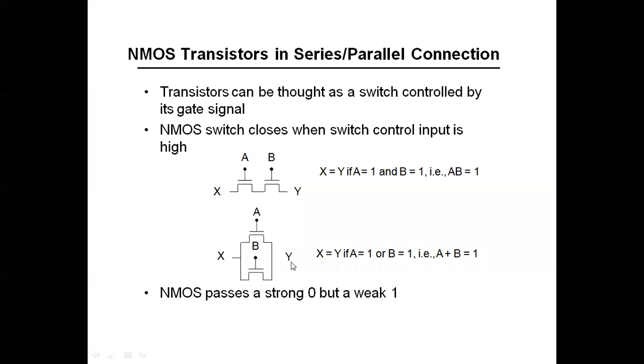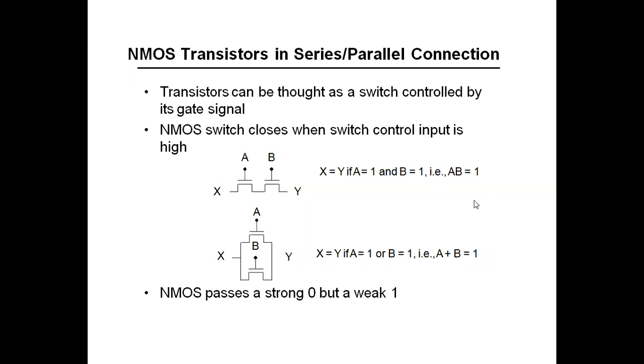Parallel fashion of NMOS is nothing but A or B, and series fashion of NMOS is nothing but A and B, right?